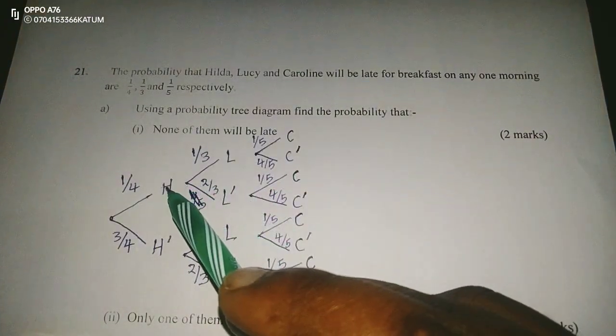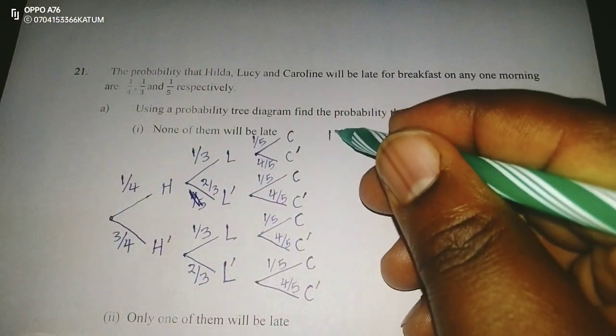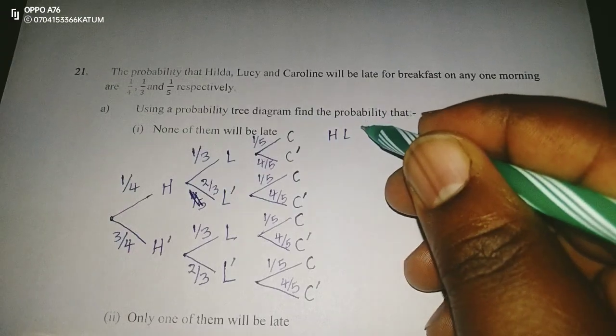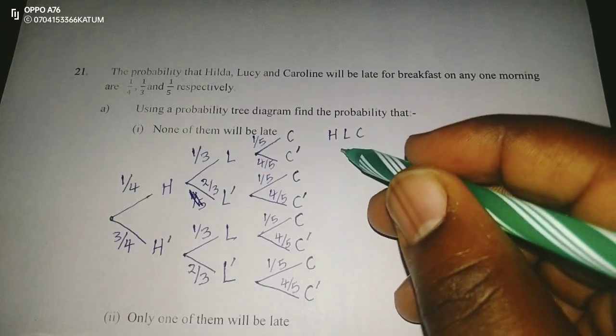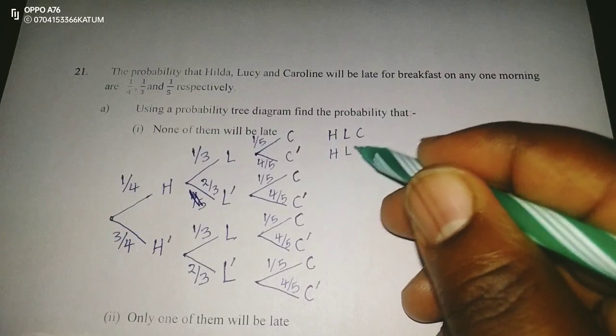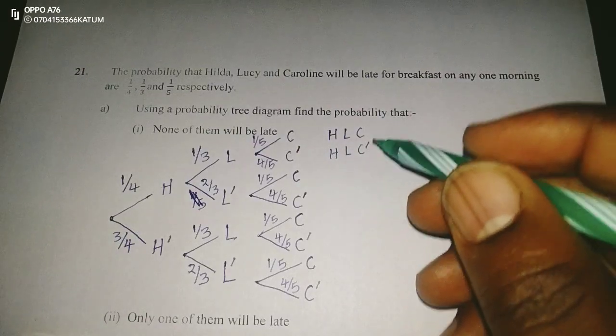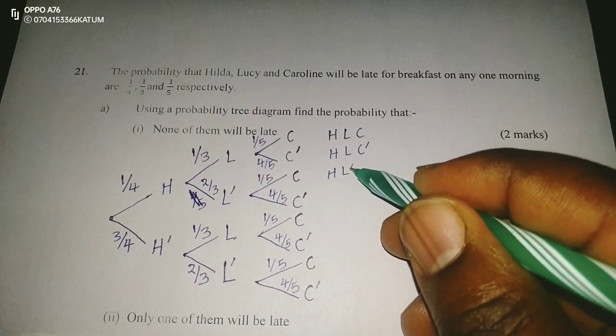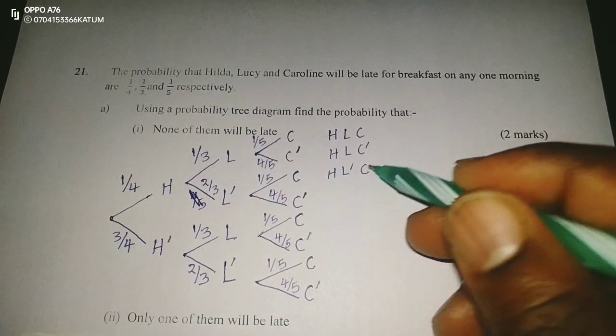Now, we can have Hilda late, Lucy late, and Carol late. The next is H late, L late, and C not late. We can have H late, L not late, and C late.